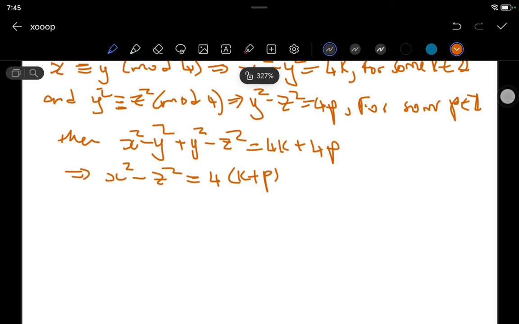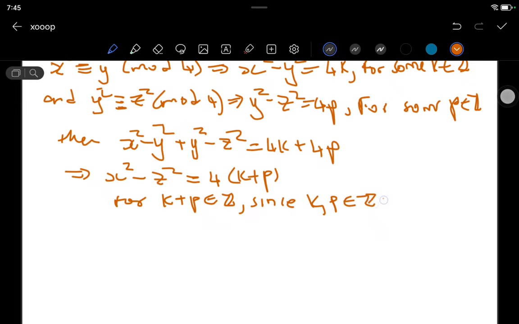And we can say k plus p is an element of an integer, since k and p are elements of an integer. Now you remember that this is the same thing as saying x squared congruent to z squared mod 4.